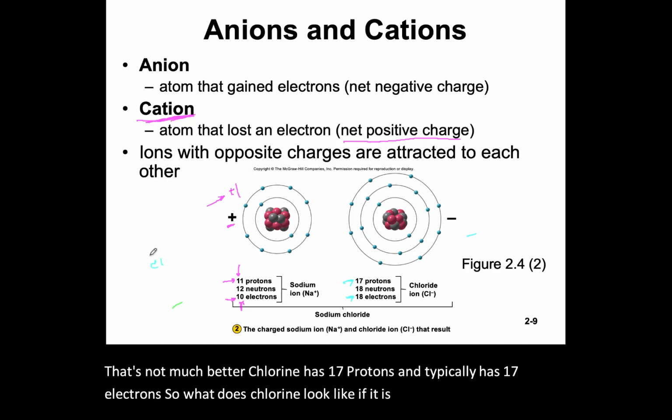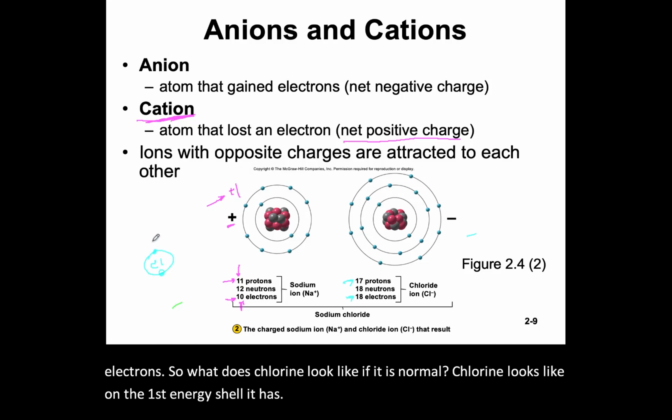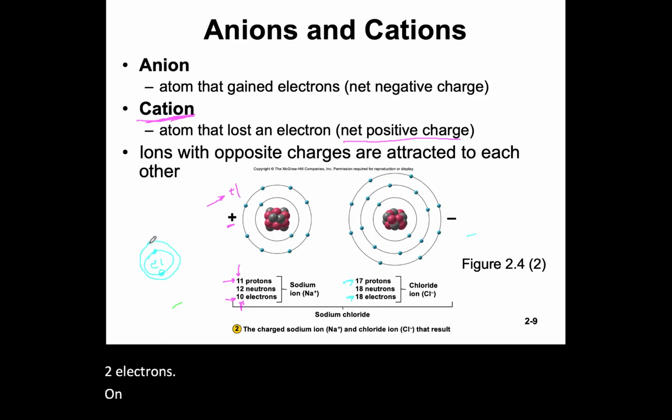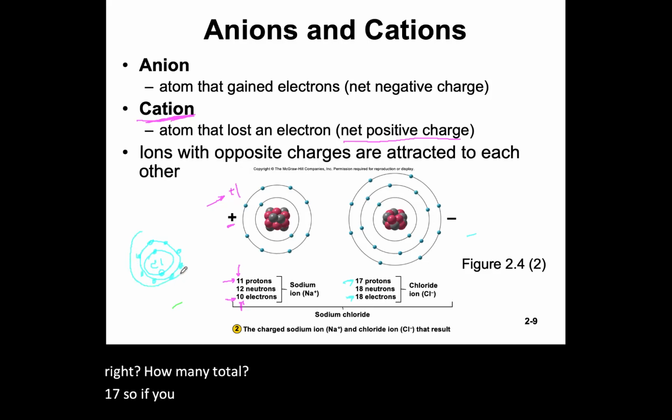Well, chlorine looks like, on the first energy shell, it has 2 electrons. On the second energy shell, it's got 8 electrons. That's 10, right? How many total? 17. So we have 7 more. 1, 2, 3, 4, 5, 6, 7. It needs one more electron.